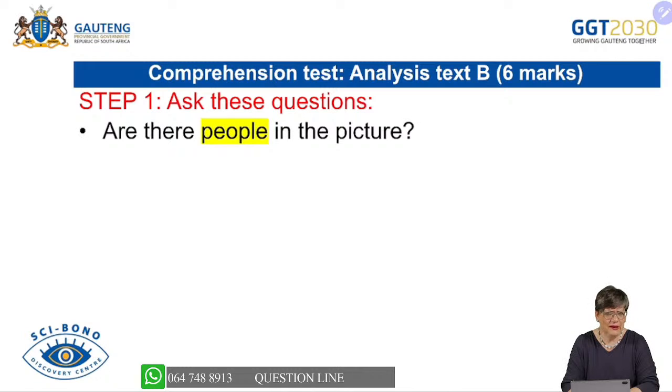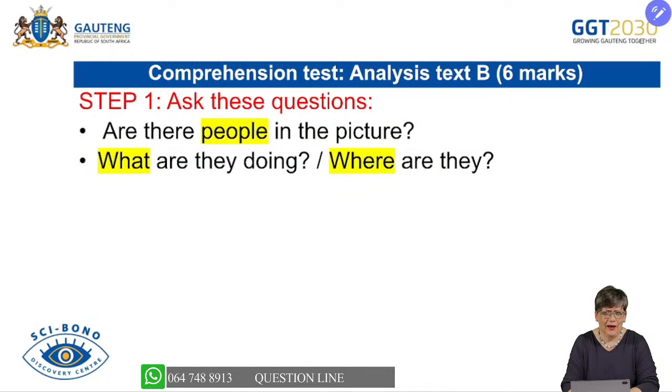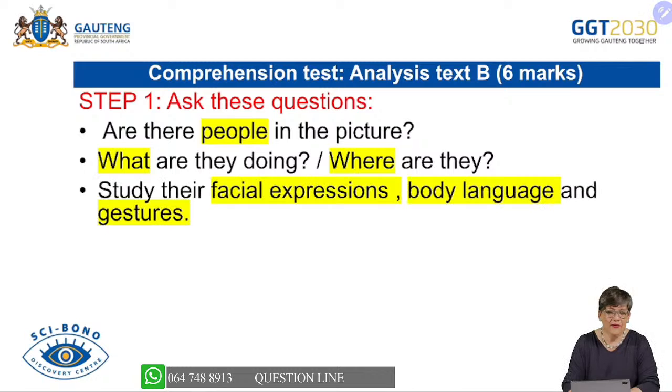Are there people in the picture? If people are in the picture, what are they doing? Where are they? Can you see what I'm doing? You're literally analyzing the visual picture. If the people are there, look at their facial expressions, their body language. Are they using their hands? What are they doing?